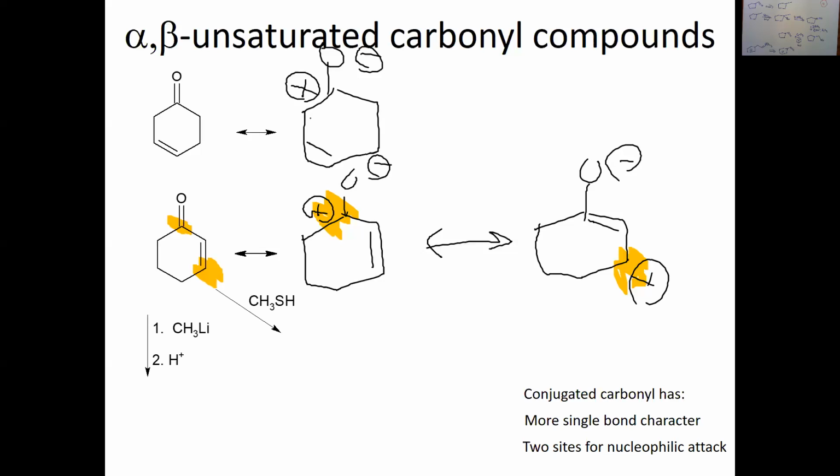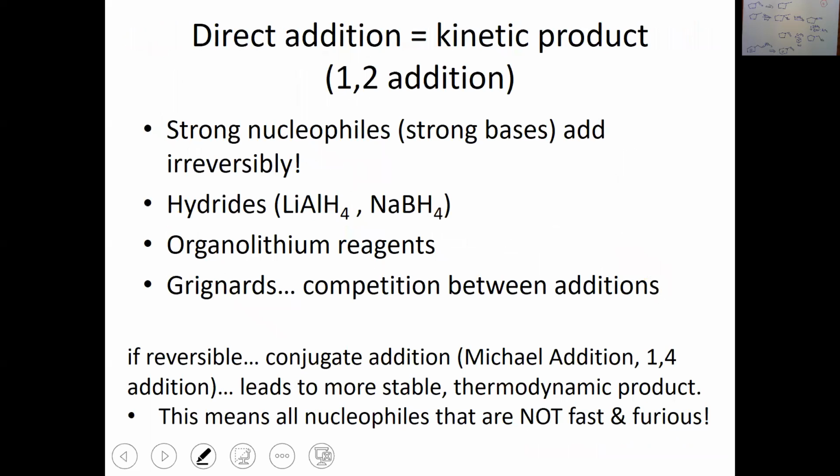You get different products based on the style of your nucleophile. What do I mean? CH3Li gives you one style of product, while CH3SH gives you a different style. We're going to draw it, but before we do that, let me talk about the words.